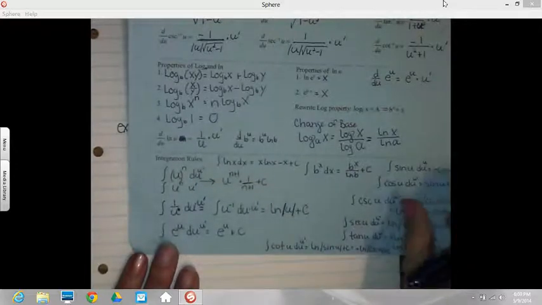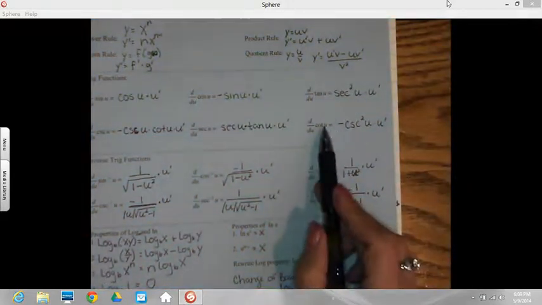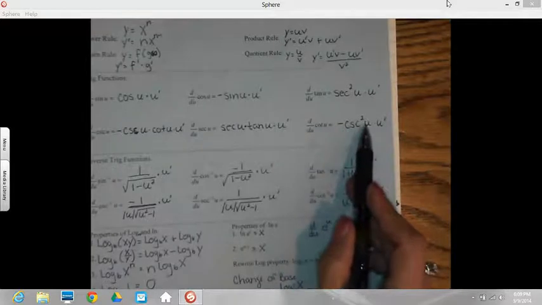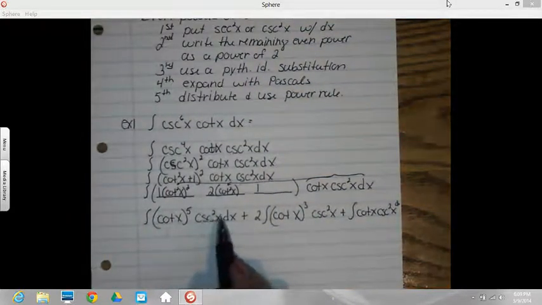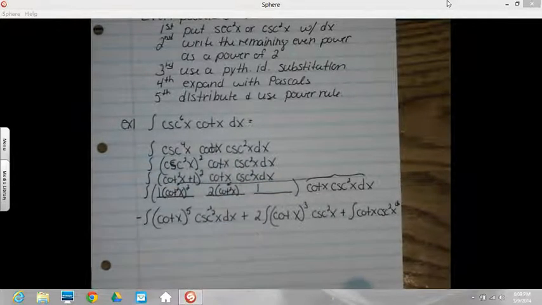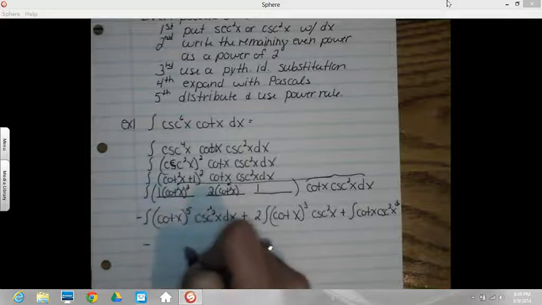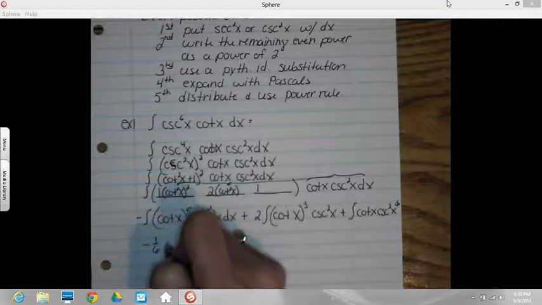So cotangent's derivative is a negative cosecant squared u prime. Well, I've got the cosecant squared, I'm just missing the negative. So I need the negative 1. So negative, adding 1 to that, the reciprocal is going to be 1/6, cotangent to the 6th.